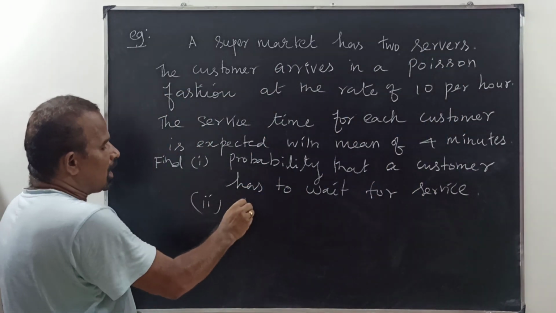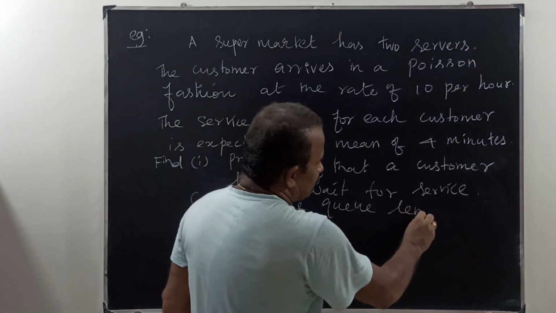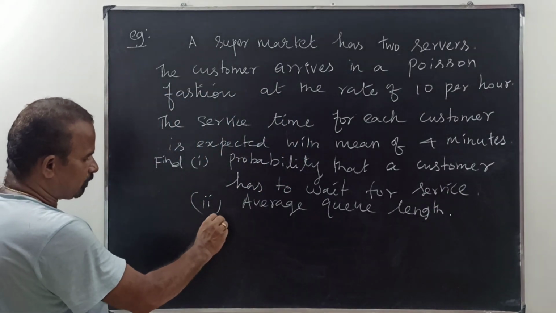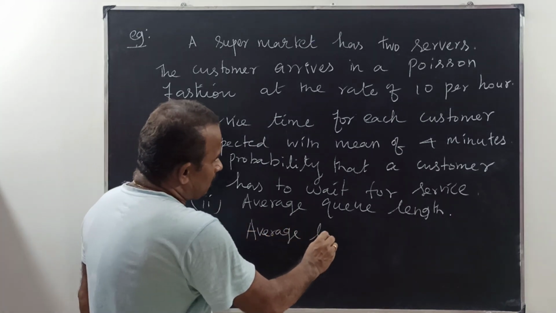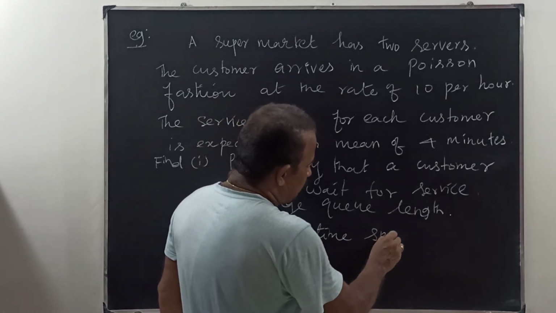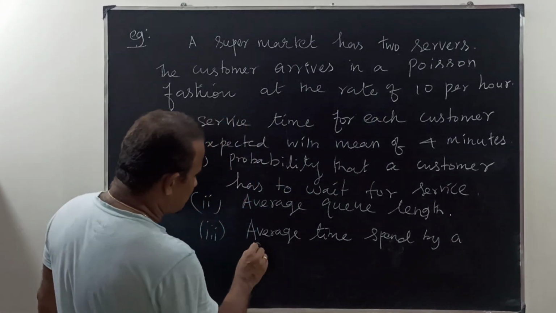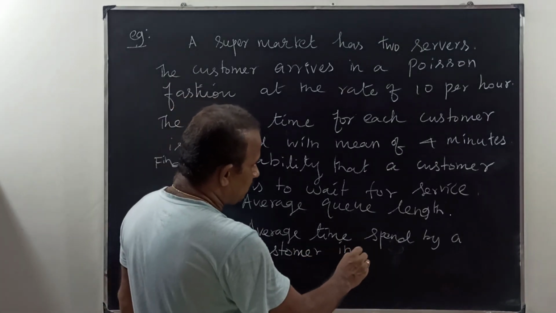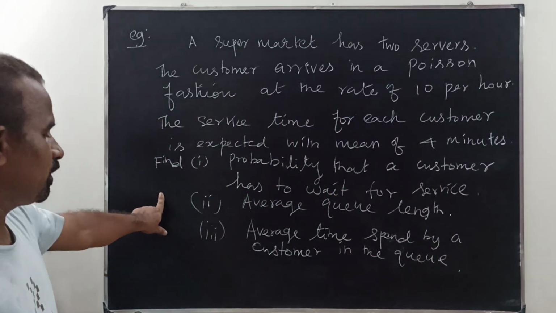Number 2, the average queue length. Number 3, the average time spent by a customer in the queue. So these three questions are asked. Solution.